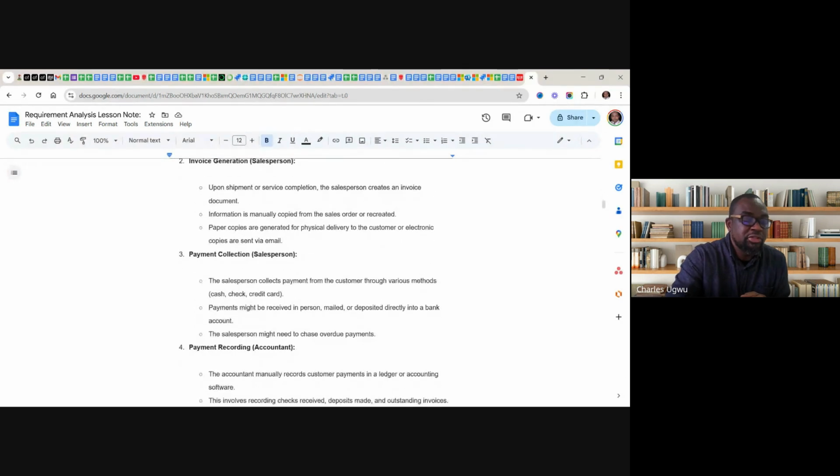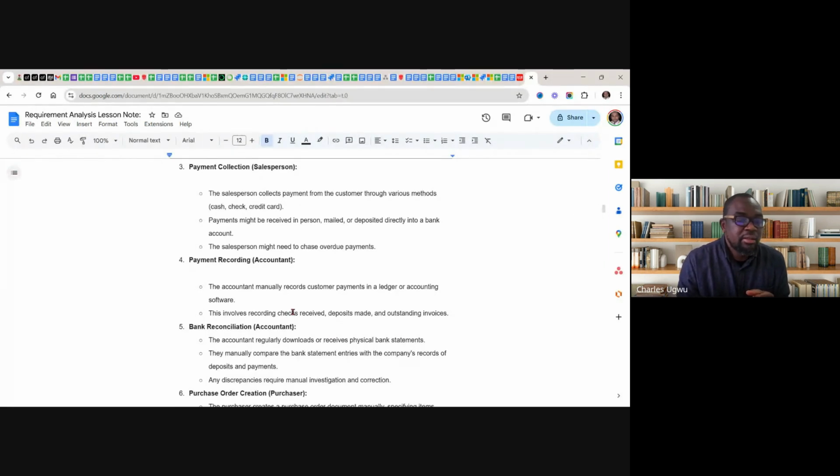And payment collection, still salesperson. The salesperson collects payment from the customer through various methods: cash, check, credit card. Payment might be received in person or by mail or deposited directly into their bank account. The salesperson might need to chase overdue payment, maybe if it's payment by installment.